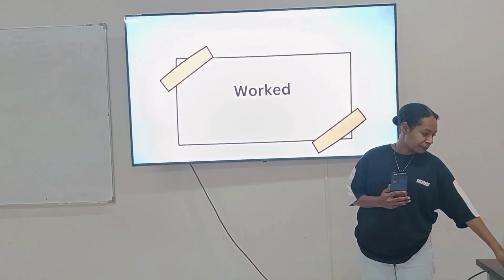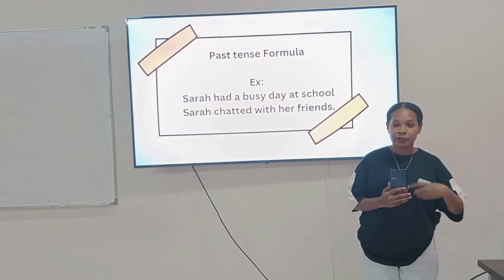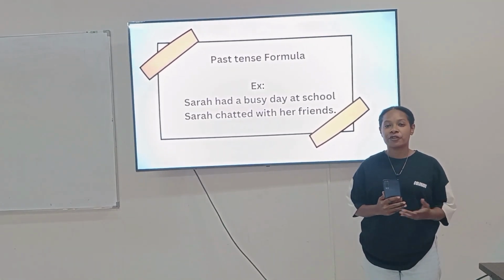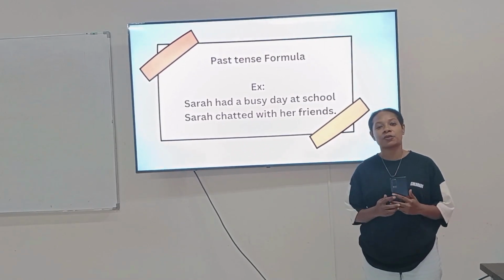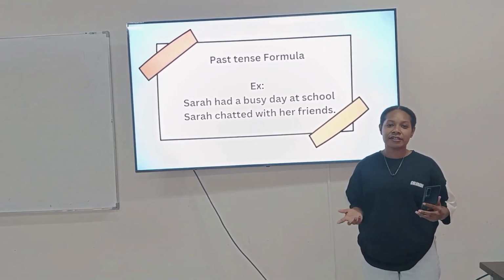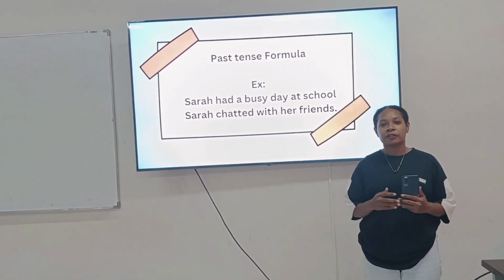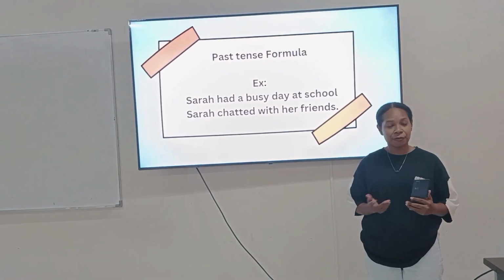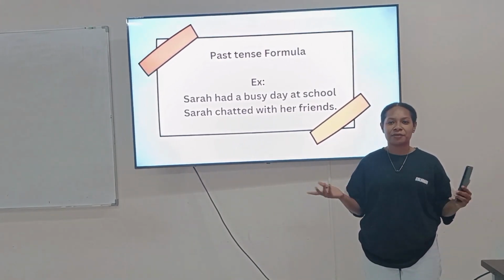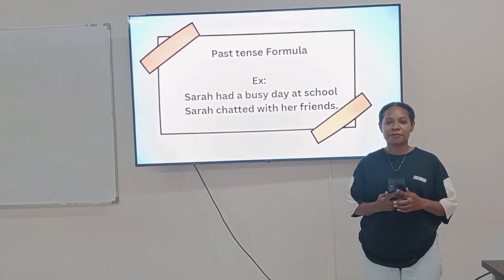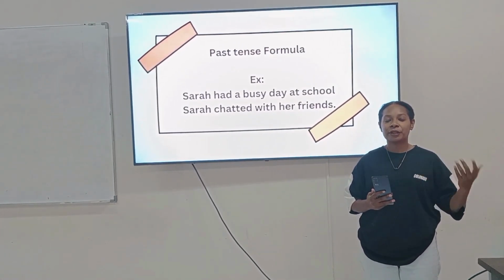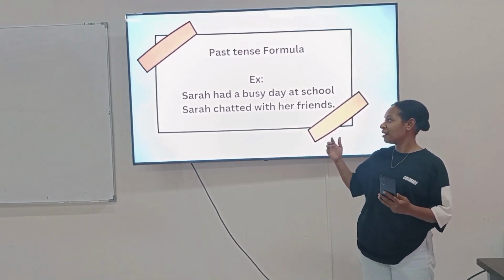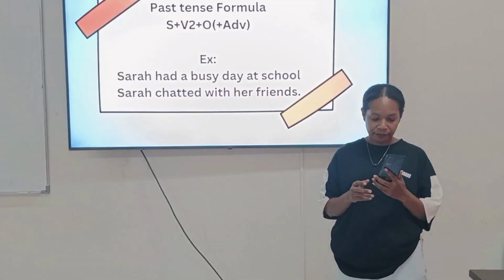Okay, and then we will ask the students, do they recognize or realize the form of the past tense formula? And then they will say, maybe it's subject or whatever they say, and then we will go on with the explanation that we have.